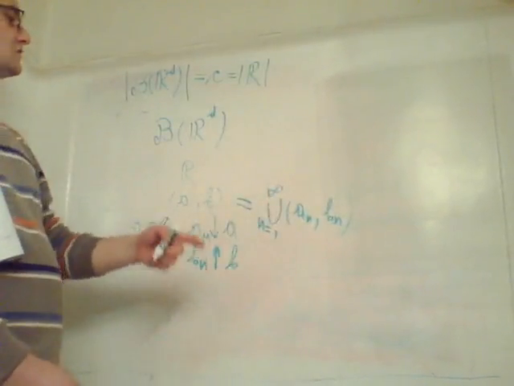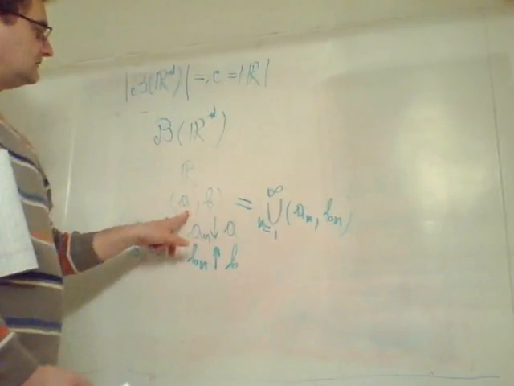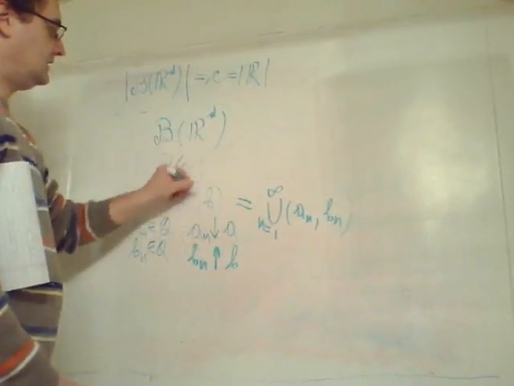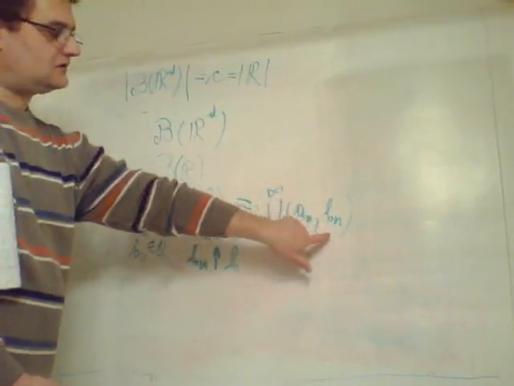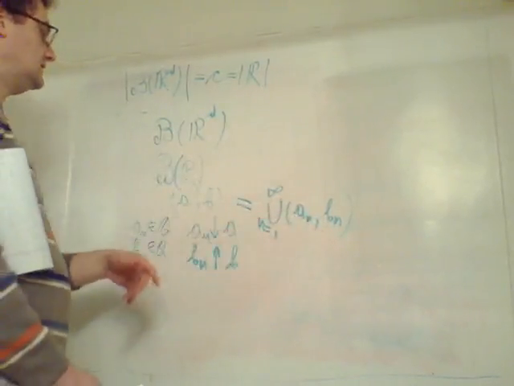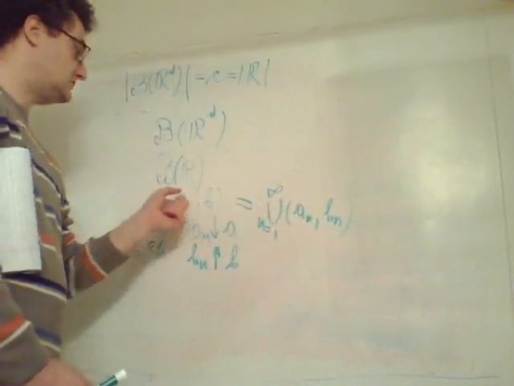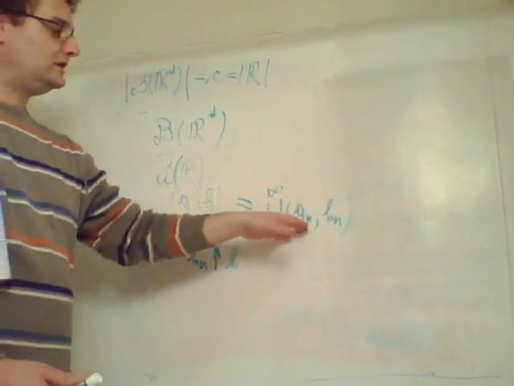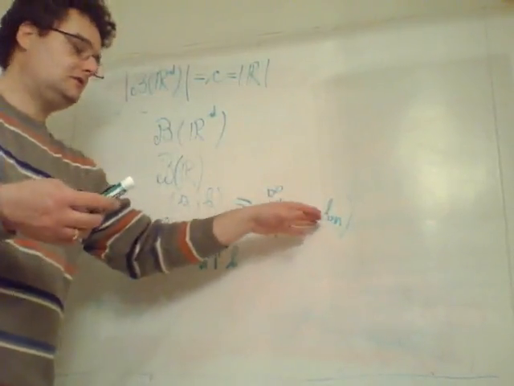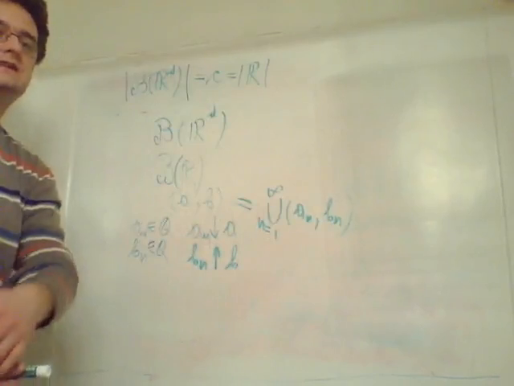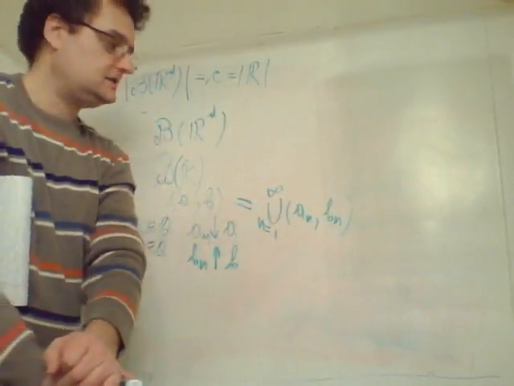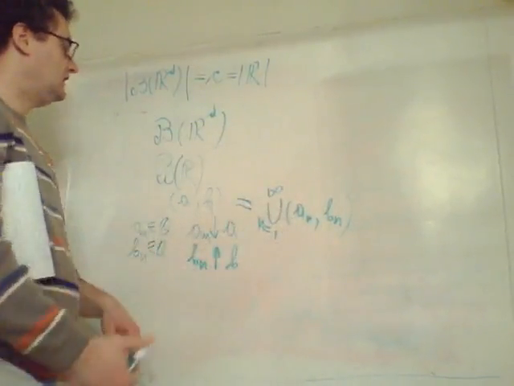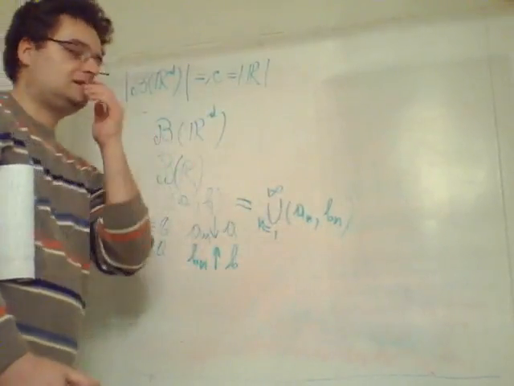So basically the intervals generate the entire B of R, but we see that intervals with rational endpoints can generate all these intervals. So B of R is generated by intervals with just rational endpoints. Since there are countably many rational points, there are countably many intervals of this kind, and therefore we say that the Borel sigma field B of R is countably generated.